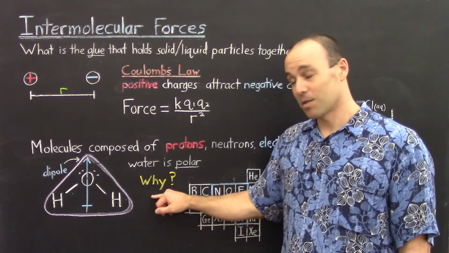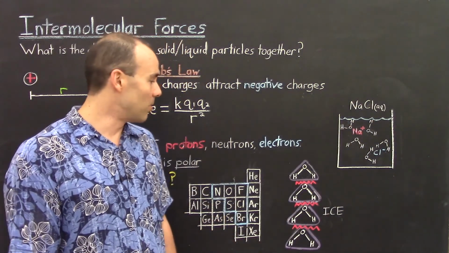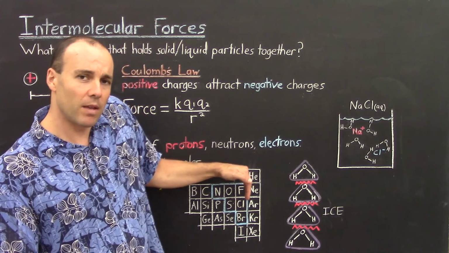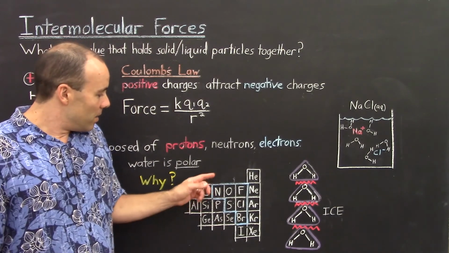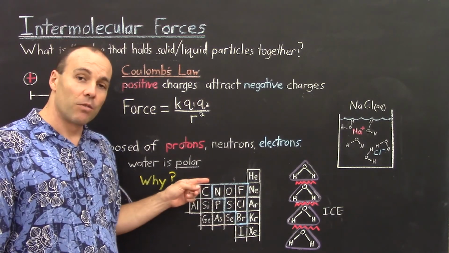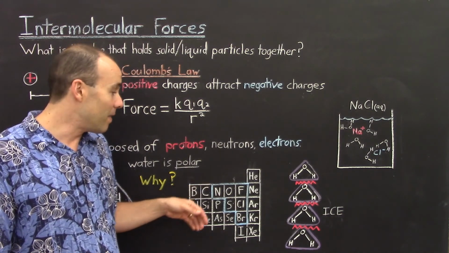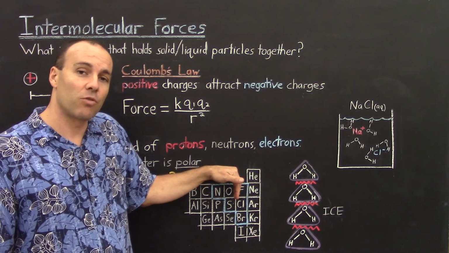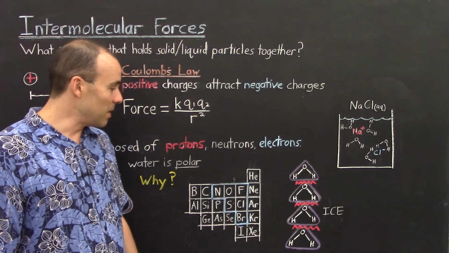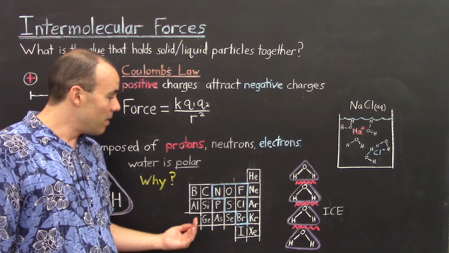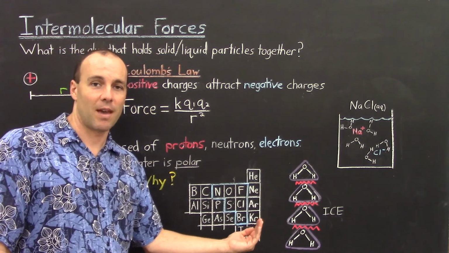Well, the answer to this is rather simple too. If we take a look at the periodic table, specifically the top right-hand corner of the periodic table, these elements in the triangular region are all electronegative, meaning that they all tend to pull electrons towards their end of the molecule. And the reason is because they're pretty close to the noble gases in terms of how many electrons they have.